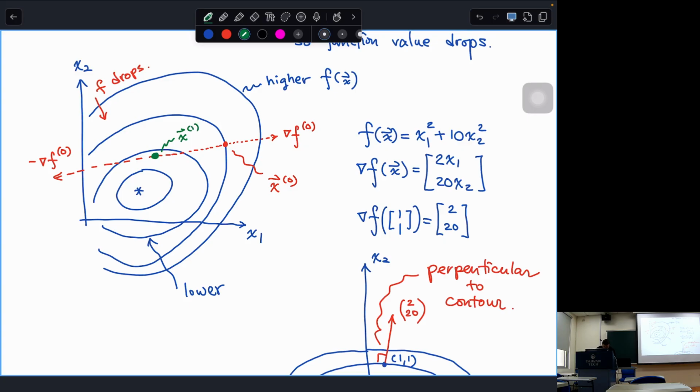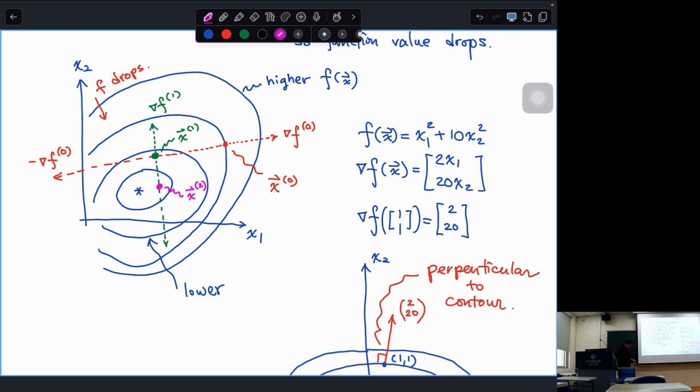And if I do this again, here would be my gradient direction and here would be my negative gradient direction. Then this would be my x2.